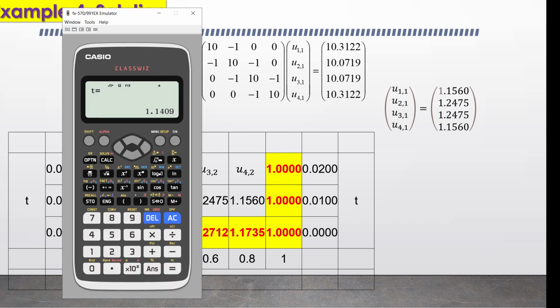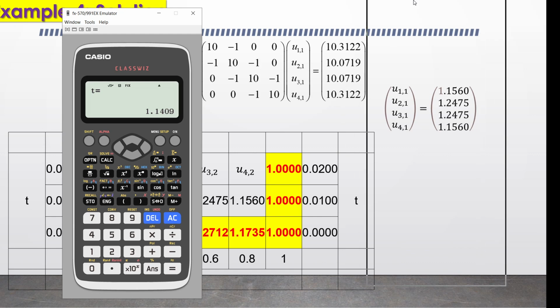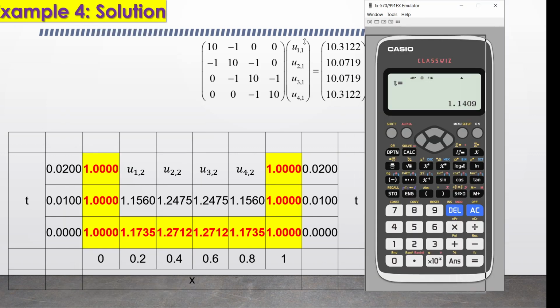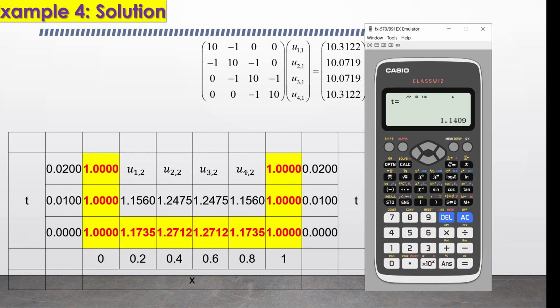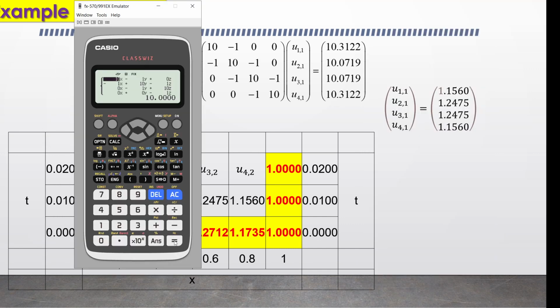To check whether this answer is correct, to check the answer for level 1: 10.3122, 10.0719, 10.0719.